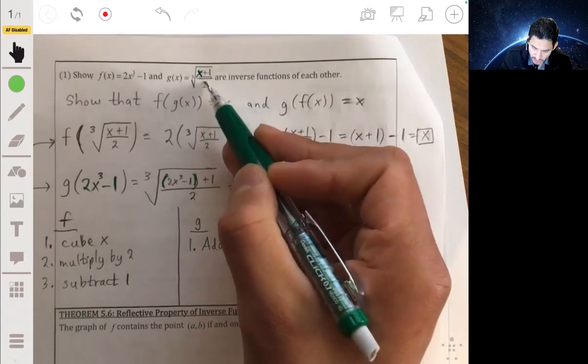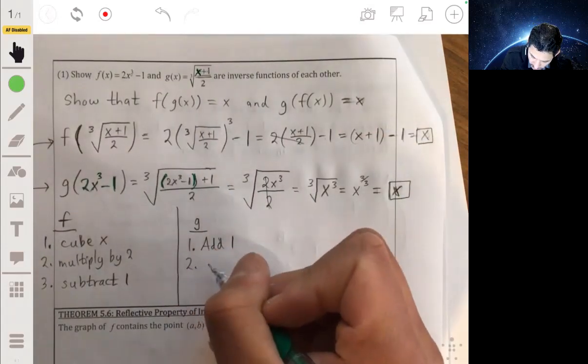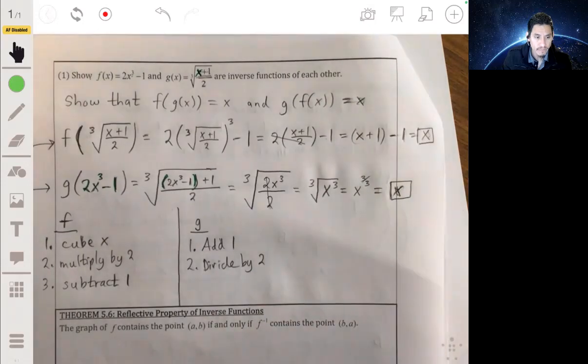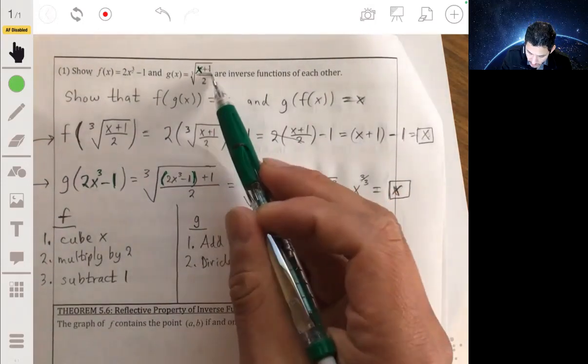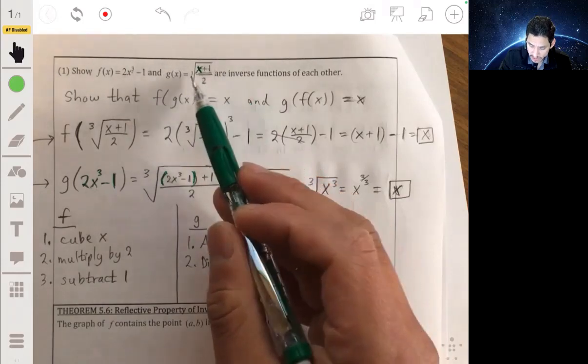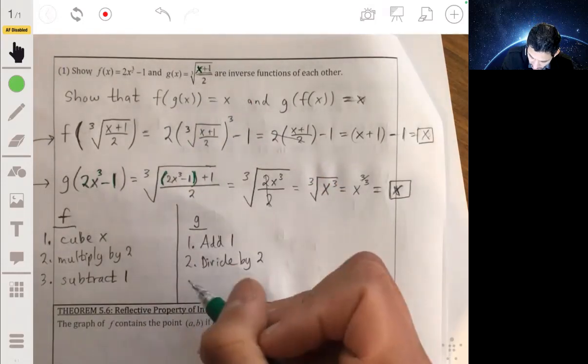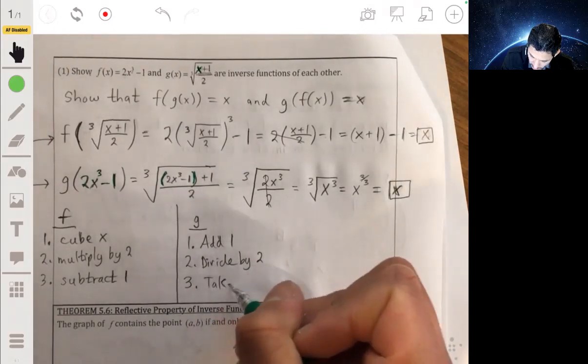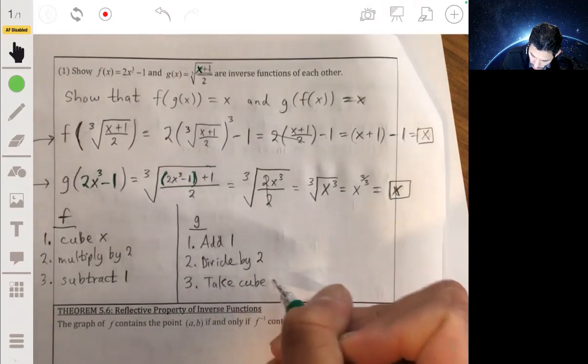Well, divide by 2. Then after I divide by 2, I take the cube root of that entire expression. Take the cube root.